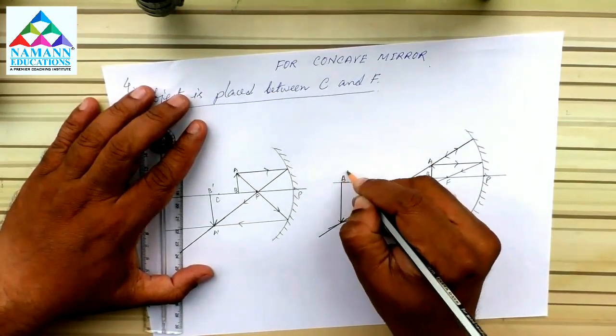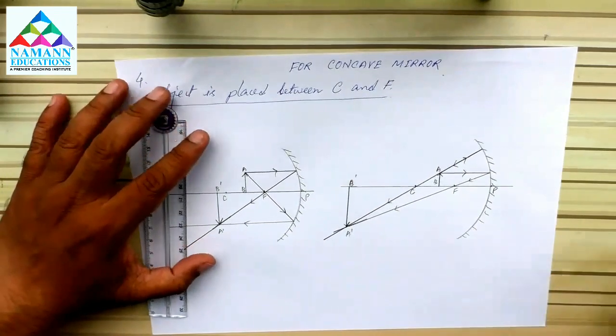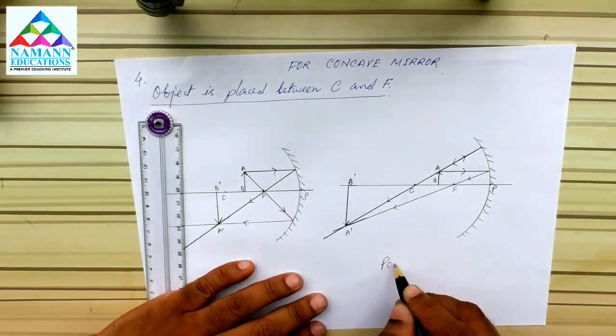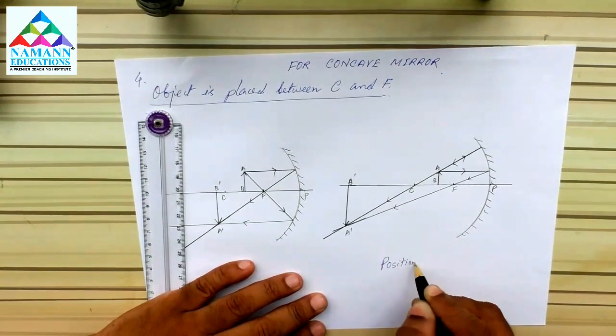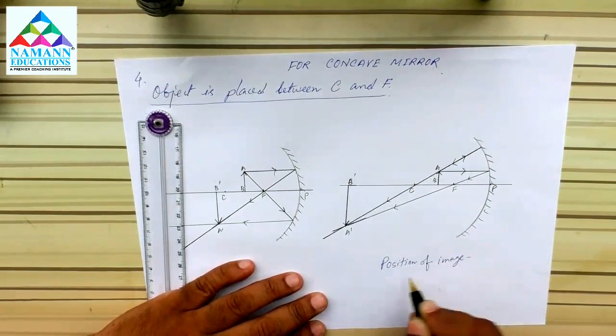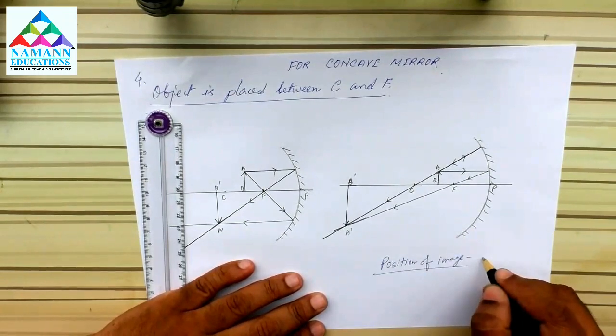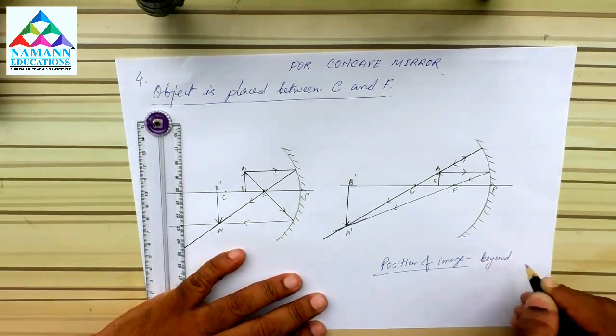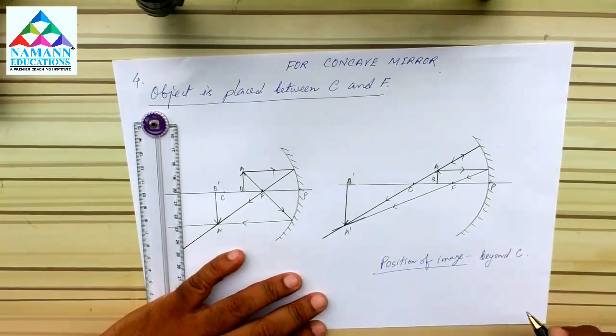Okay, so if I ask you in this particular diagram, position of image, position of image is beyond center of curvature, or you can write between infinity and center of curvature.